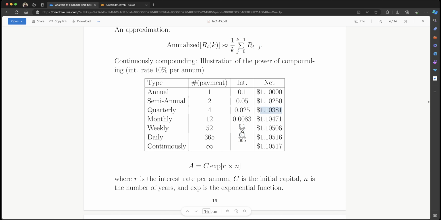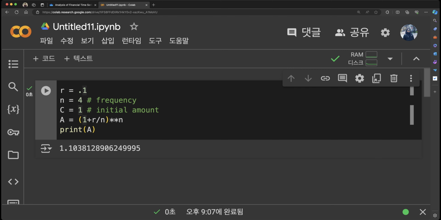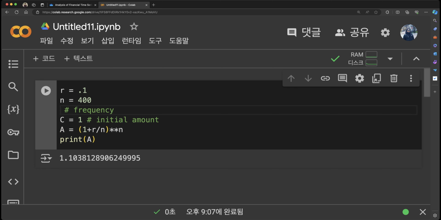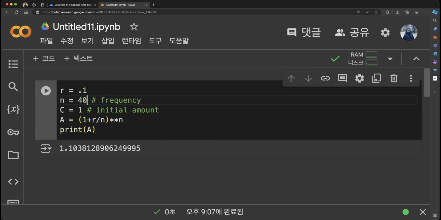Therefore, how about when it is very large? N is like 400. Okay, 400, a very large number. If it is a very large number, then it becomes 1.105.